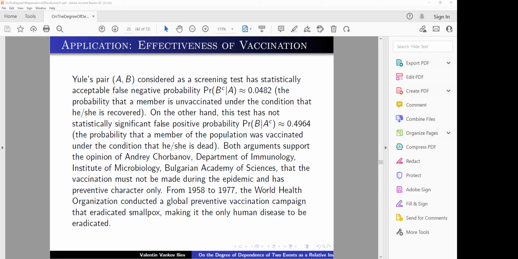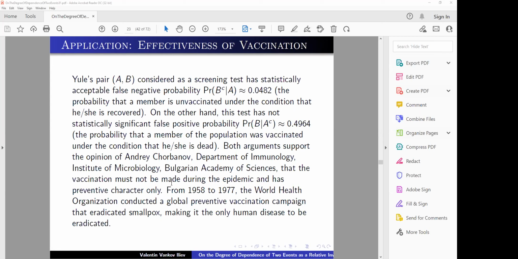And there is only one town. I don't remember its name, but everybody can see it in the paper of MacDonald, in which the author notes that the vaccination was not applied several years before the epidemic.